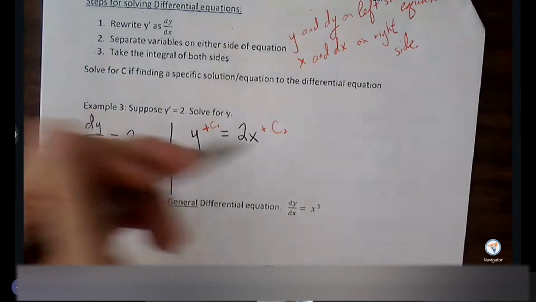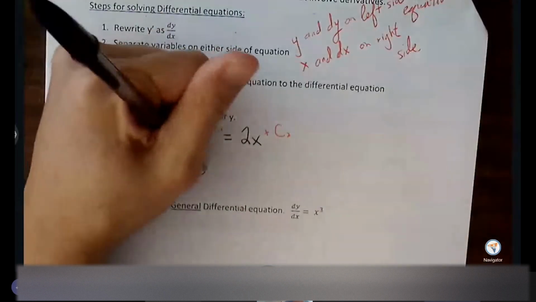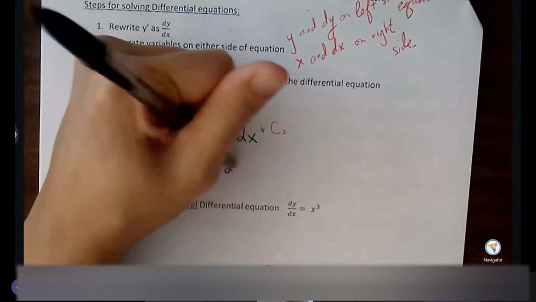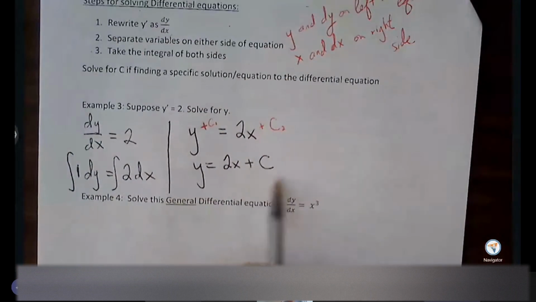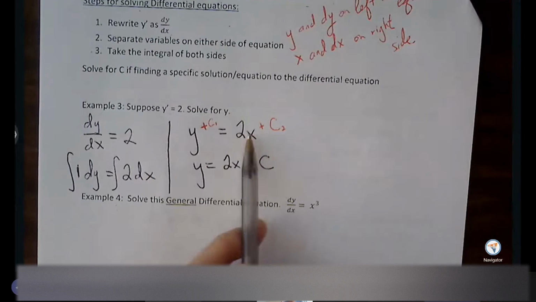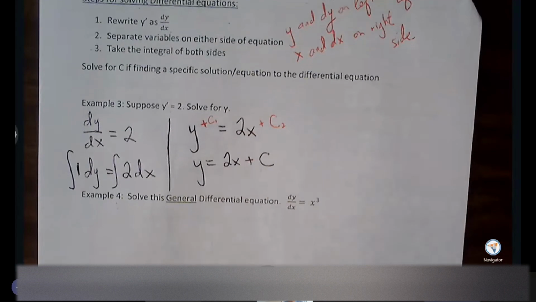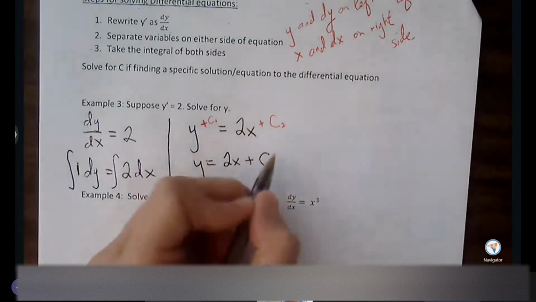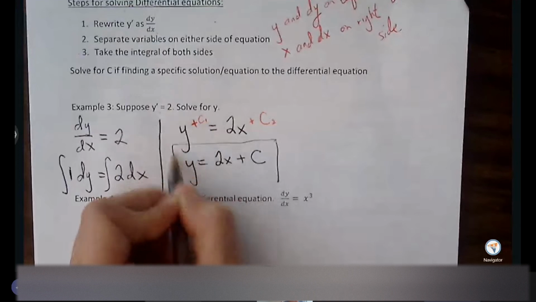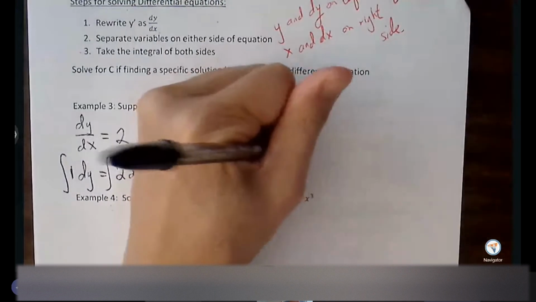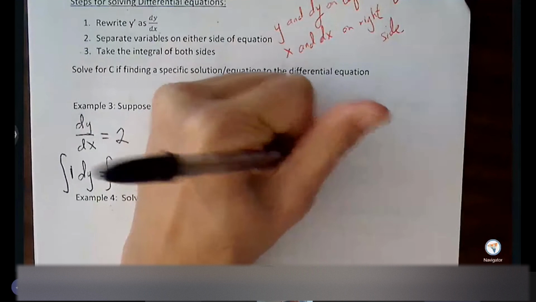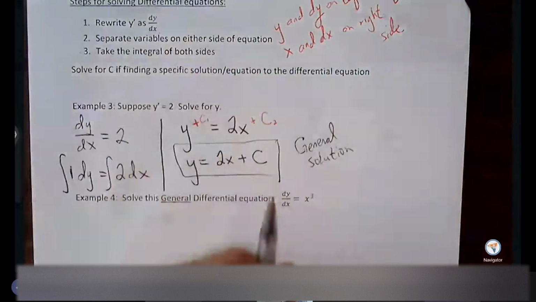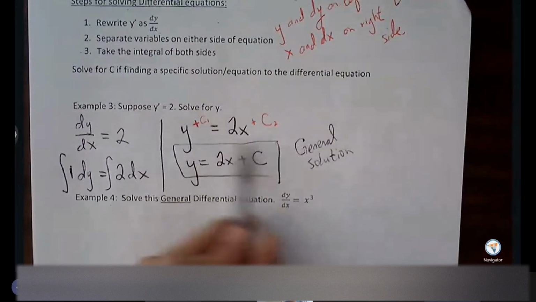So rather than keeping track of different constants, we'll just merge them together and write it once. So we call this our general solution. General solution because we don't have a specific value for c, we just have a family of functions to represent our solution.